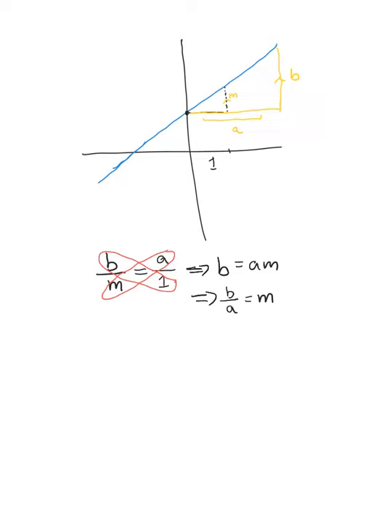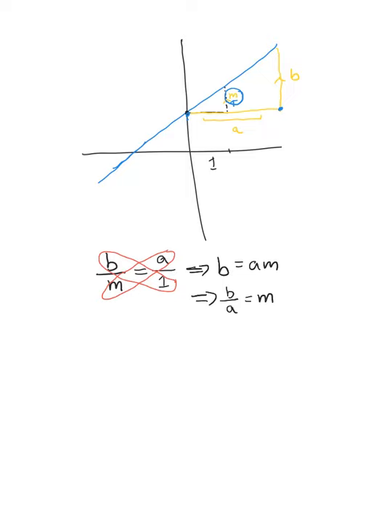So what does that tell us? That tells us how much we move in the vertical direction. You can always figure that out by taking, for any point, the difference between the x coordinates of your 2 points and the difference between your y coordinates of your 2 points.